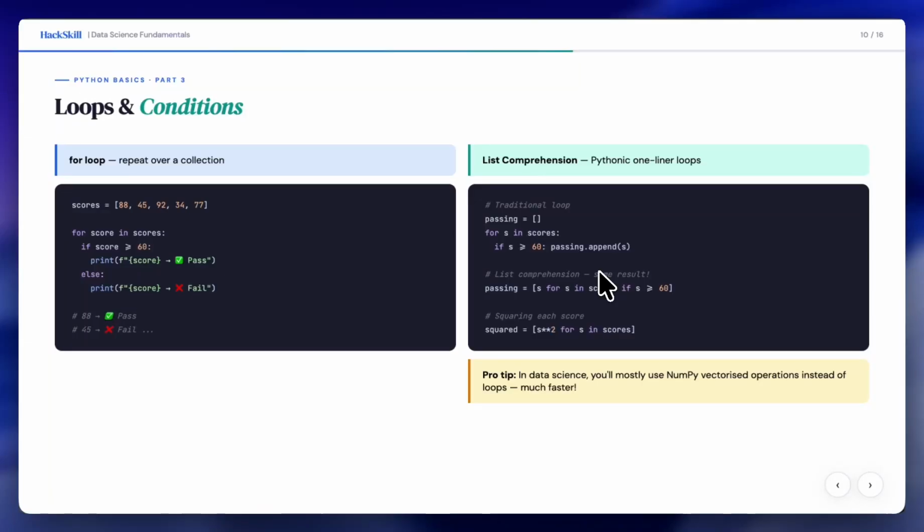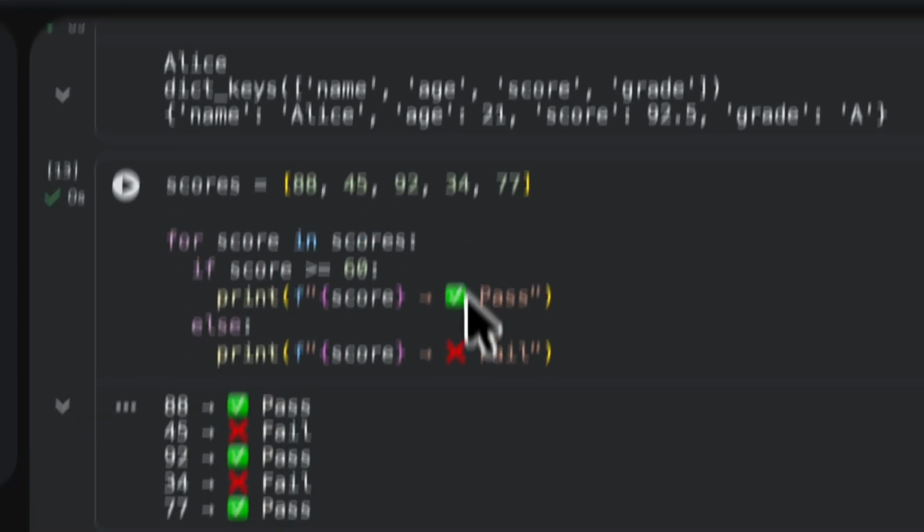Now, also, one of the crucial things you should learn in Python or basic data science is list comprehension. Basically, a one-liner version of what we did in loops, right? This is a far larger code.